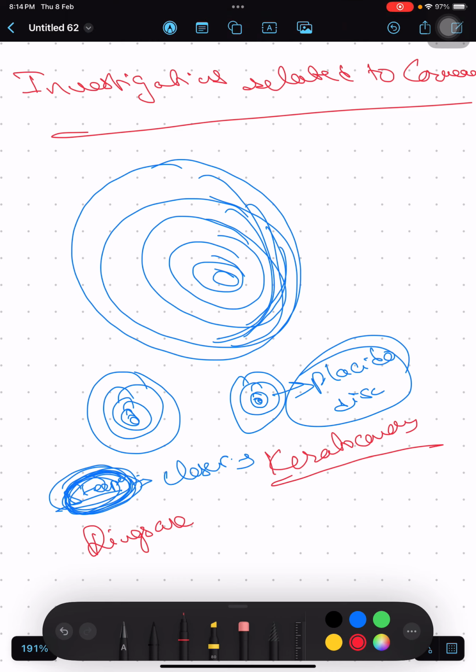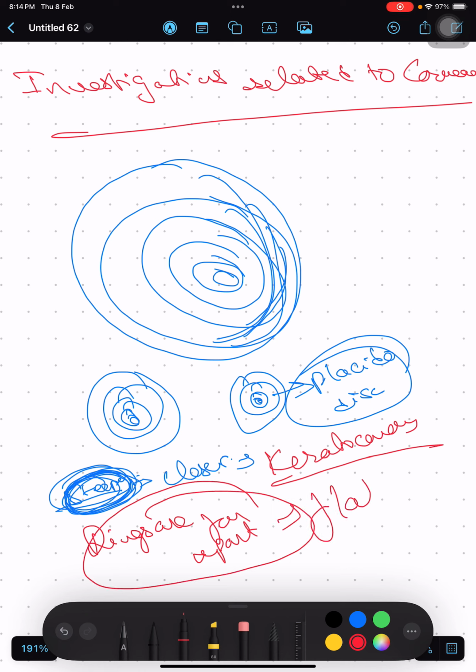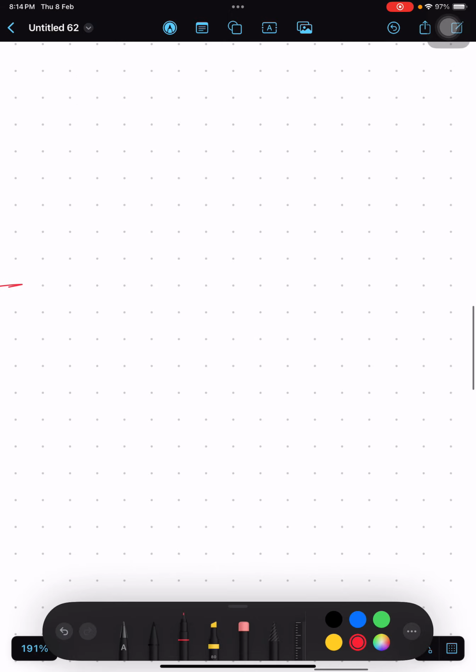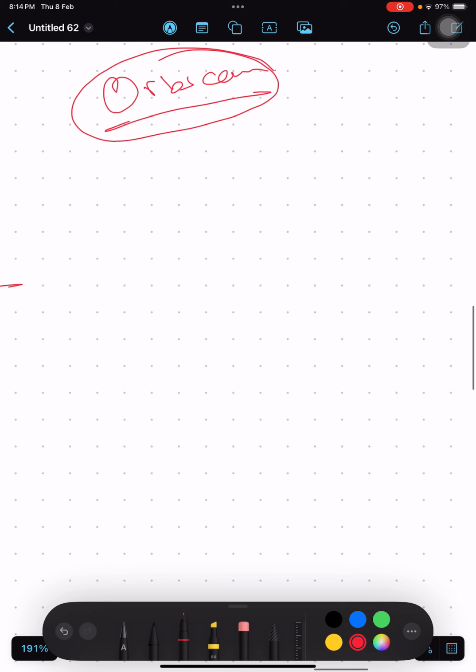Rings are far apart in the case of a flatter cornea. So F for far, F for flatter. A much better investigation for this is the Orbscan, and the principle is based on the Placido disc. So I think this much is clear.